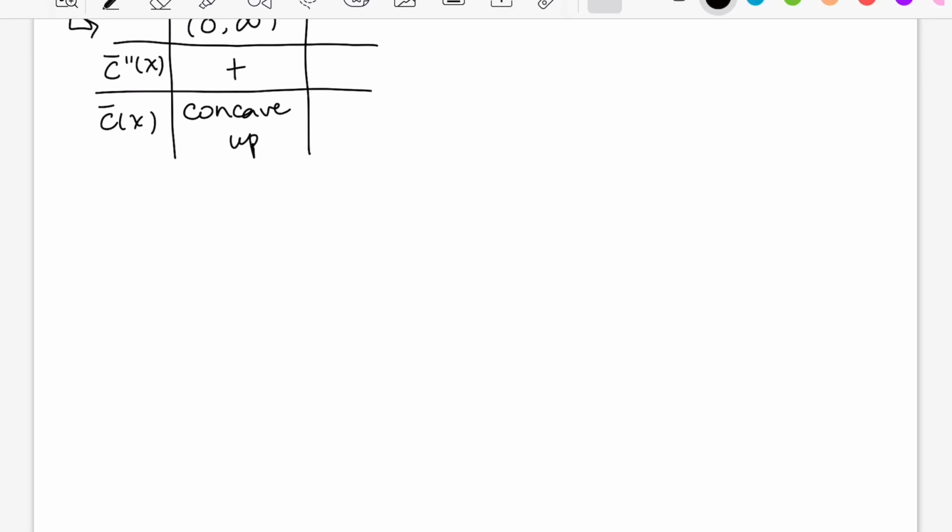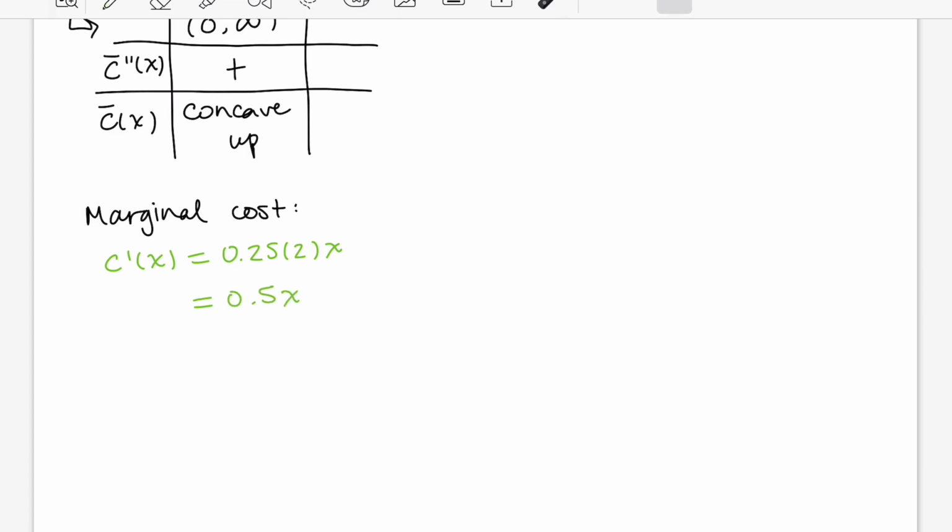For our marginal cost, we'll take the derivative of just our cost function, not our average. So we get 0.25 times 2 times x, taking the derivative using power rule. So we get 0.5x. Okay? And this is actually going to be pretty easy to graph. This is just a line.